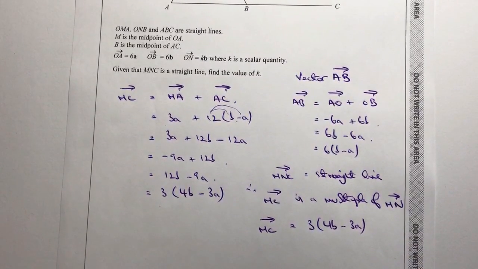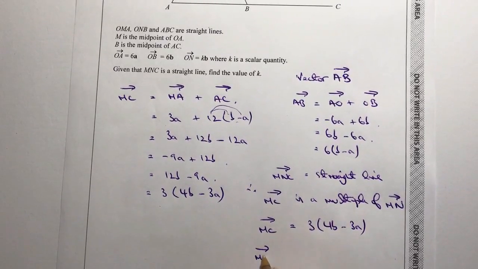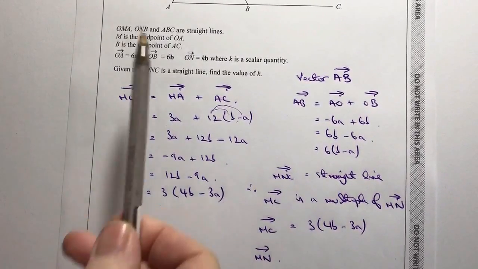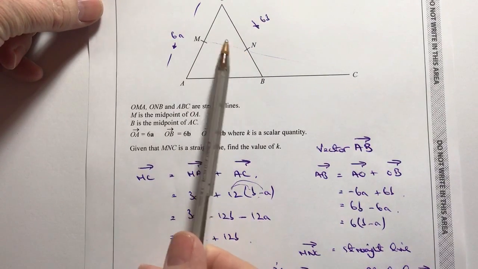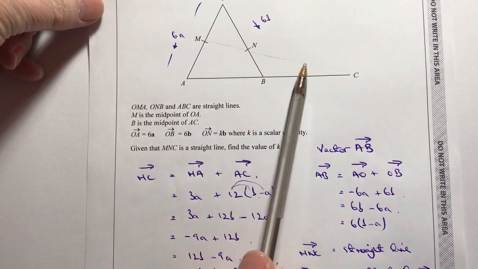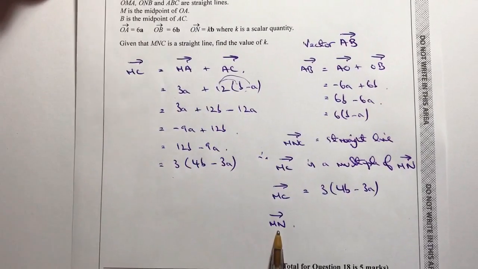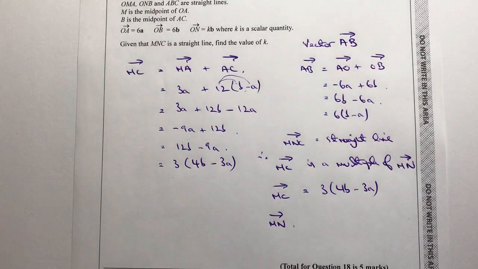So what we're saying then is that vector MN, which is this part of it, if I go back to the diagram, it's this part of it here. So we're talking about this line, MNC along here. So vector MN is a multiple.